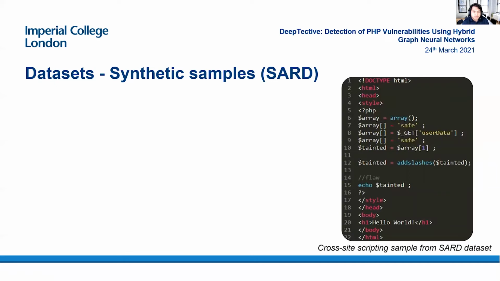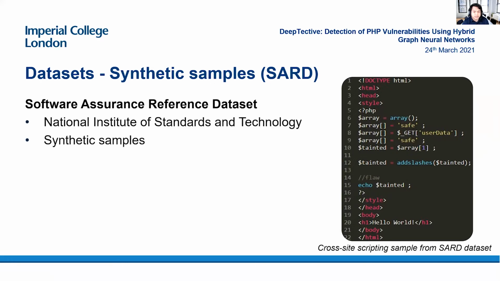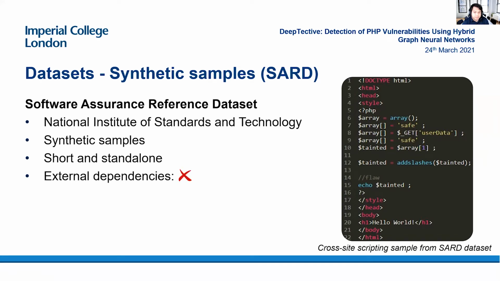In this study, we use two different datasets. The first dataset is a synthetic dataset that we got from the Software Assurance Reference Dataset, SARD. The SARD dataset consists of synthetic samples. It is short and standalone code, and it does not have any external dependencies, and it does not represent real-world vulnerabilities.